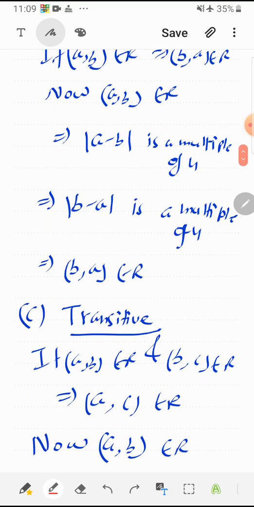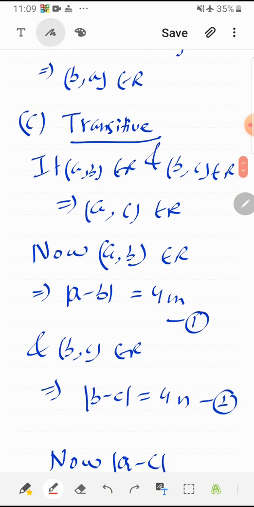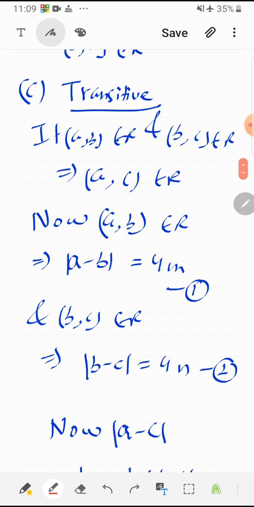Next is transitive. If (a, b) belongs to R and (b, c) belongs to R, then (a, c) should belong to R. Now (a, b) belongs to R means mod of a minus b is a multiple of 4, and (b, c) belongs to R means mod of b minus c is a multiple of 4. Let equation number 1 be 4m and equation number 2 be 4n. Now let us pick mod of a minus c.